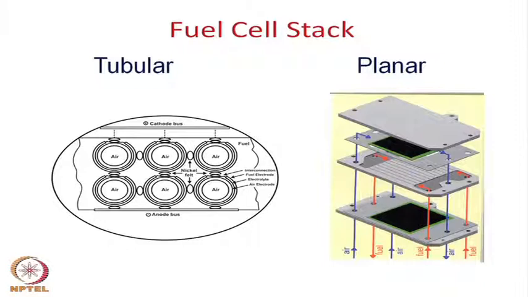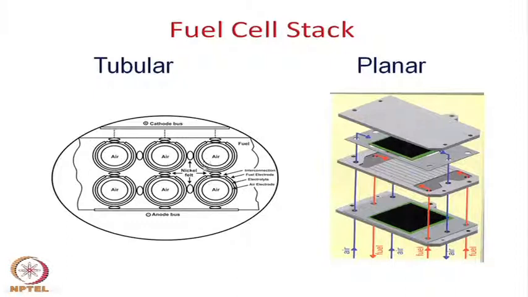So, we need stacks of several such single cells, and these are the kind of stackings one normally uses. This is for the tubular cell. These are the cross sections of the tubular cell.